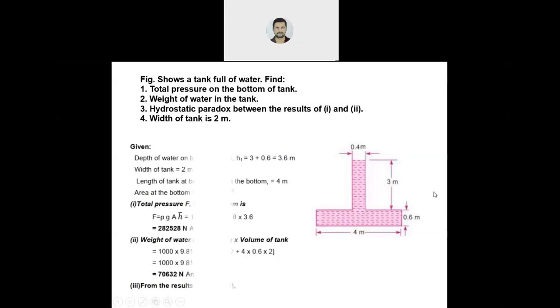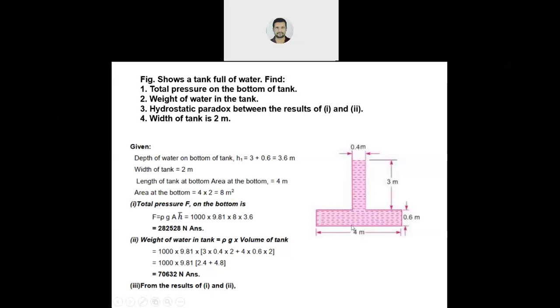Now, how to proceed? First of all, what is the depth of water at the bottom of the tank? This is my tank and this is some tube, and the level of water is up to here.